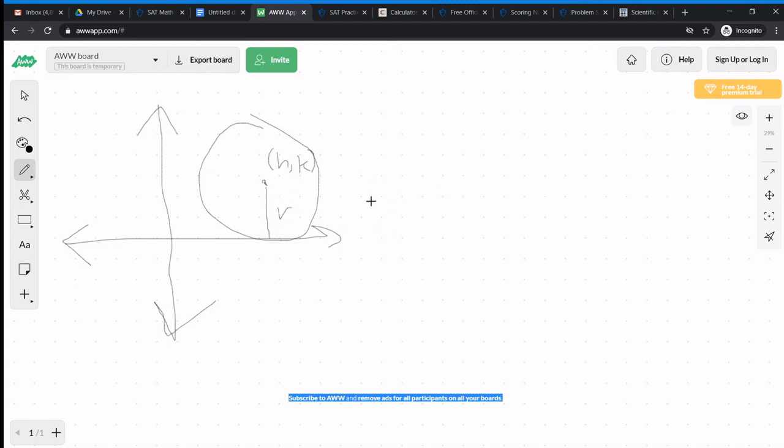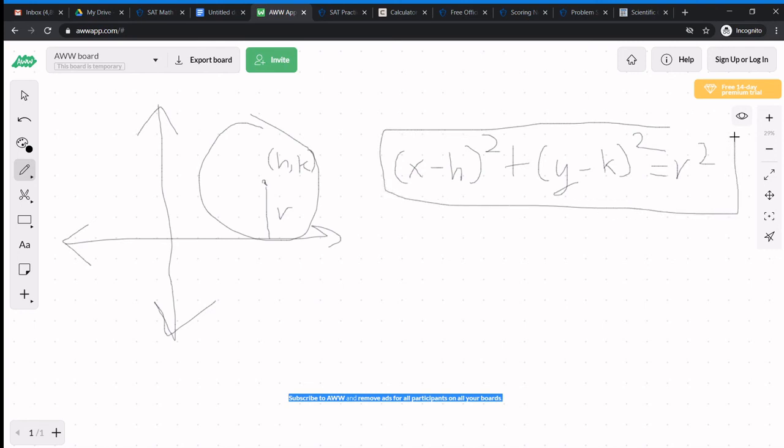Okay, the equation for the circle is going to be (x minus h) squared plus (y minus k) squared equals r squared. This is always going to be the formula for your circle. Know this formula, know what it means.